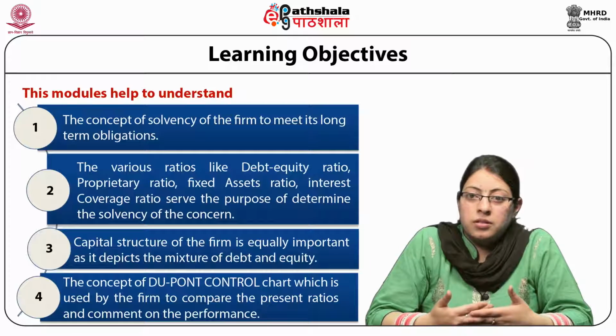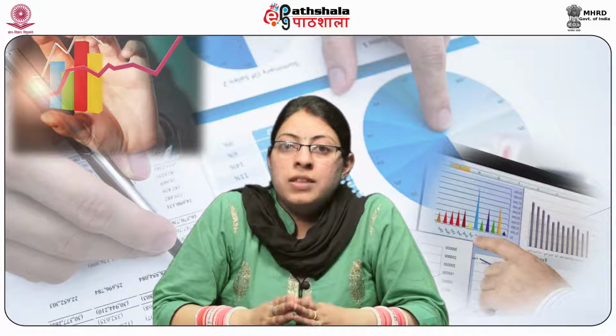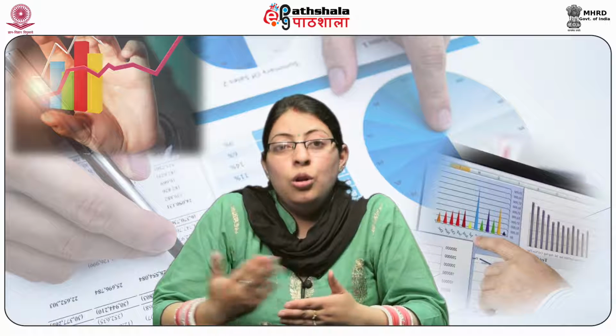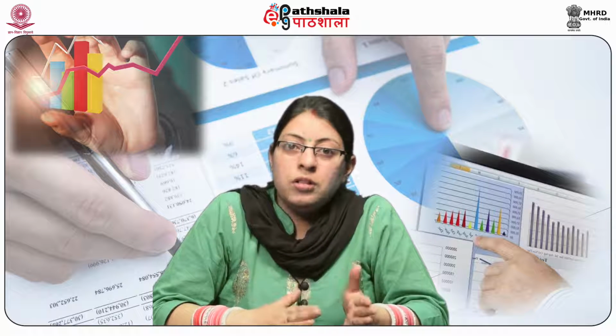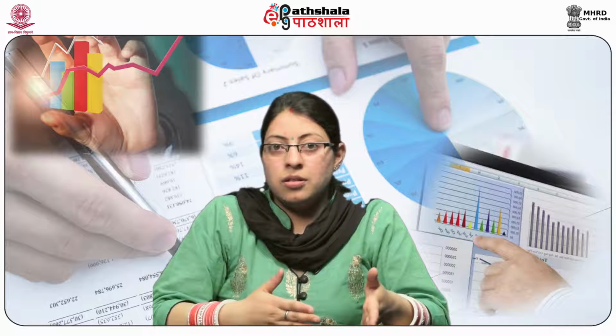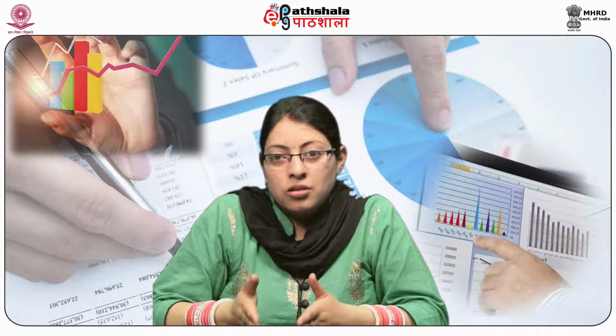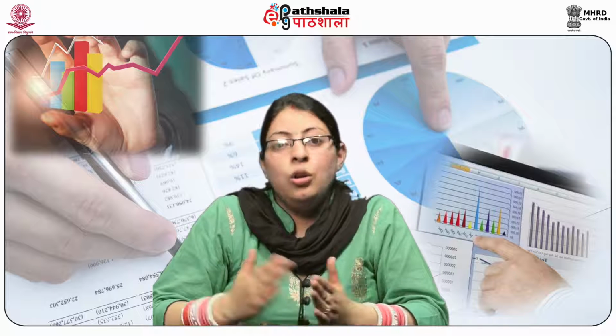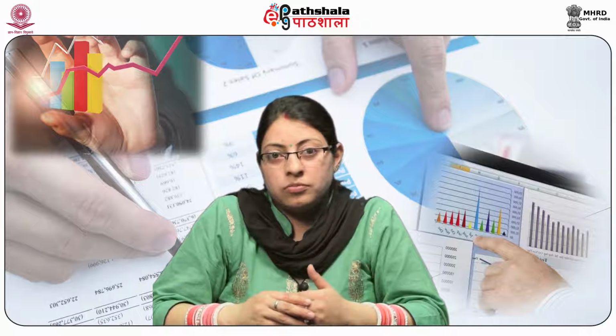The concept of the Du Pont control chart is used by the firm to compare the present ratios and comment on the performance. The term solvency refers to the ability of a concern to meet its long-term obligations. The long-term indebtedness of a firm includes debenture holders and financial institutions providing medium and long-term loans.